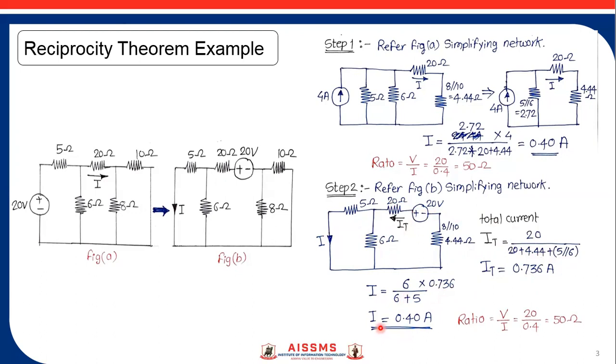We got I equal to 0.4 and the ratio is 20 divided by 0.4, that is 50. So the reciprocity theorem condition is satisfied: V1 divided by I2 is 50 and V2 divided by I1 is 50.